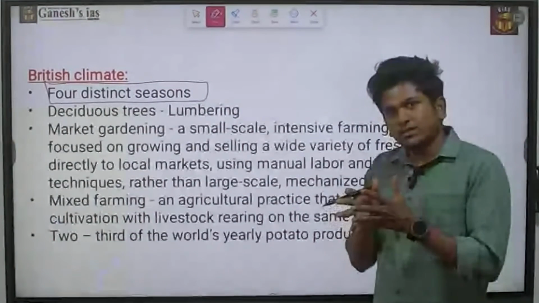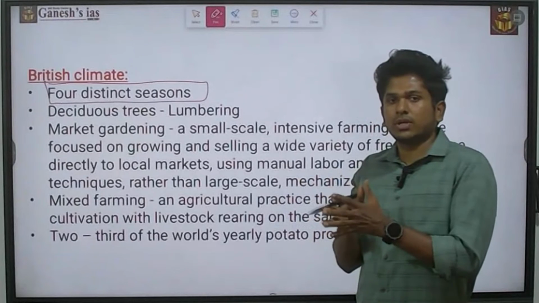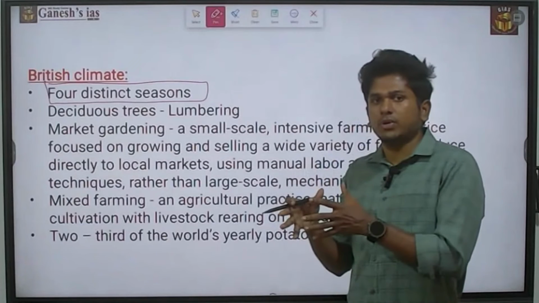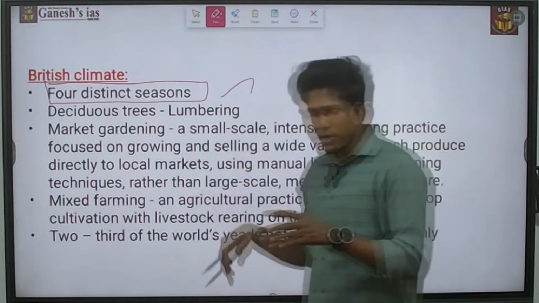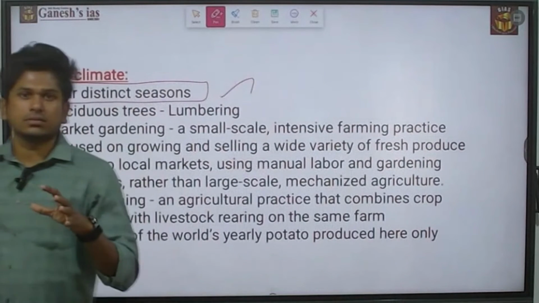In the winter there shouldn't be any rainfall, and it should be a foggy time. It is a confused state when it comes to the Indian monsoon. But when it comes to the British climate, you can see the distinct features of every season.